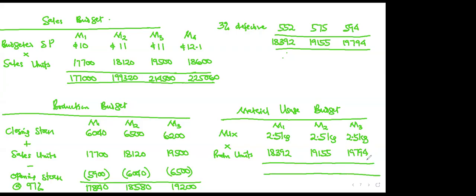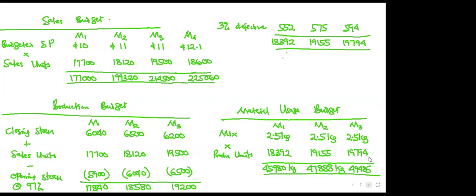Calculate it for us. 45,980. 47,888. And what about this one, 2.5 times 19,794? 49,485.